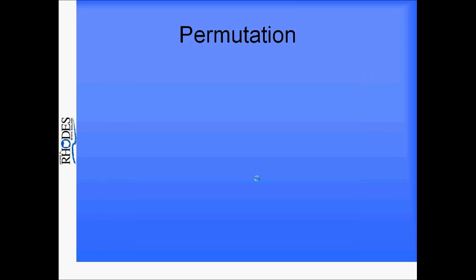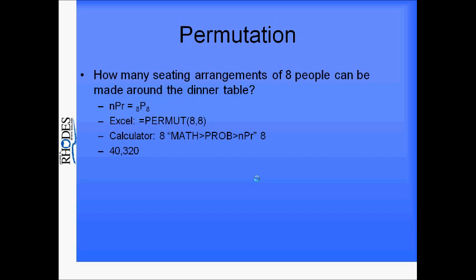That's how many permutations there are. So let's continue on. Again, that's where order matters. Here are some more examples, and keep in mind, using your calculator or Excel, you can do the same calculation in Excel. I try to put that information on here for you. The first one is: how many seating arrangements of 8 people can be made around a dinner table? In this case, it would be 8 P 8, because there are 8 seats and they want to know how many arrangements there can be.